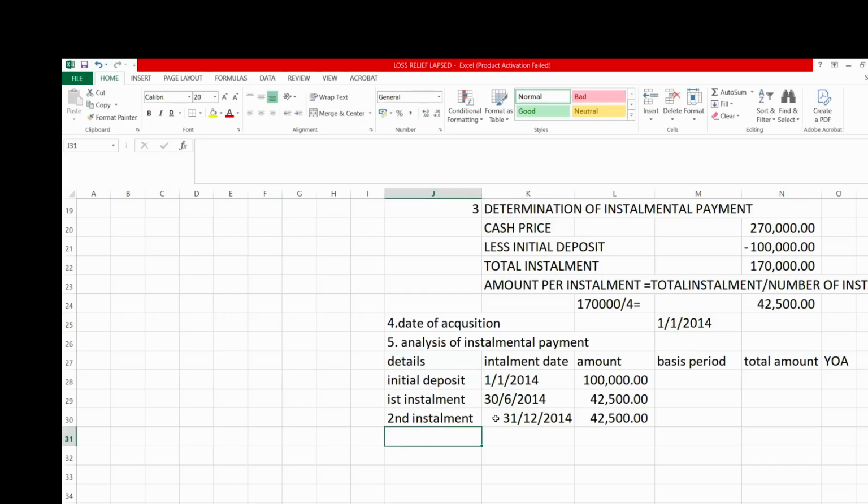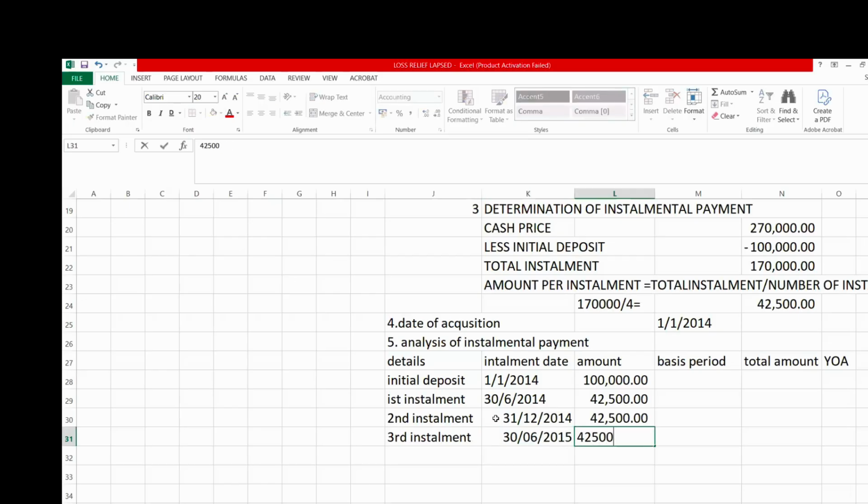Then he is going to settle the third installment in the next 6 months, which will be 30/6/2015, and pay 42,500.